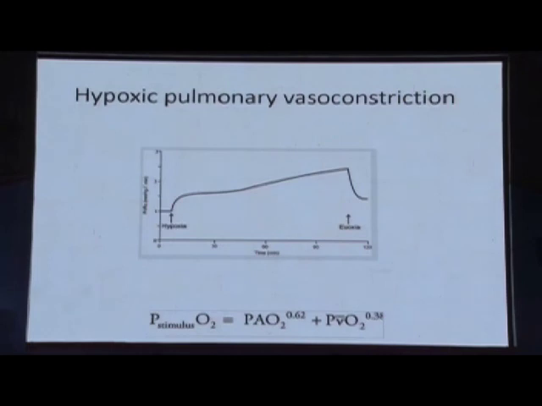Once you stop the surgery and inflate the other lung, the hypoxic pulmonary vasoconstriction starts to disappear, because now you're oxygenating the lung again. Then it takes about 60 to 90 minutes to have complete recovery of the vessels which were constricted because of hypoxic pulmonary vasoconstriction.